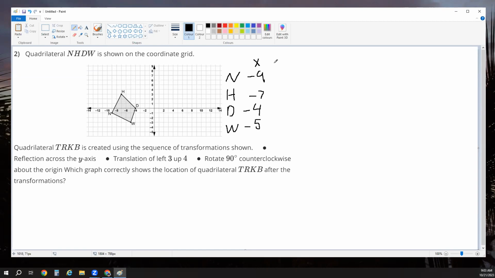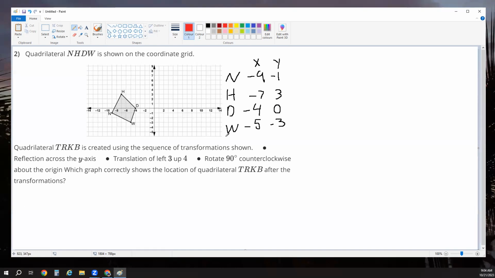The y coordinates: H is 3, D is 0, N is -1, and W is -3. All right, that's my first one.